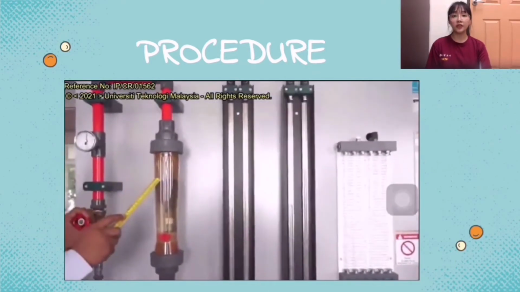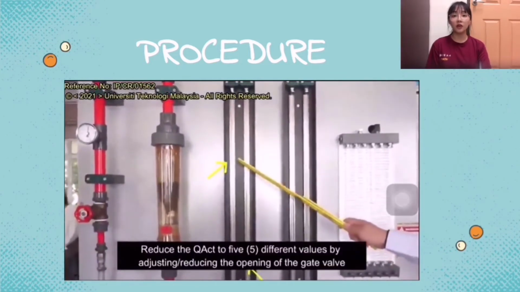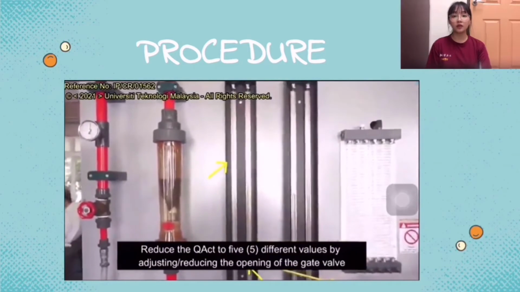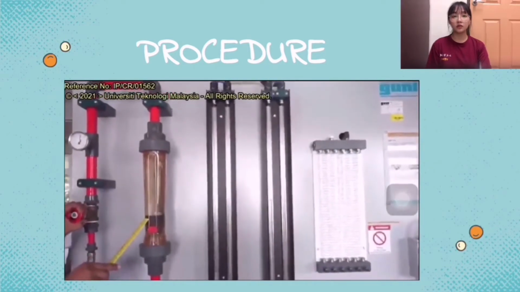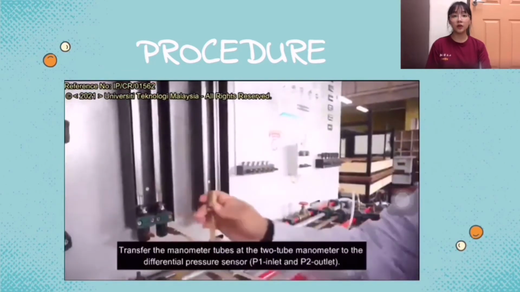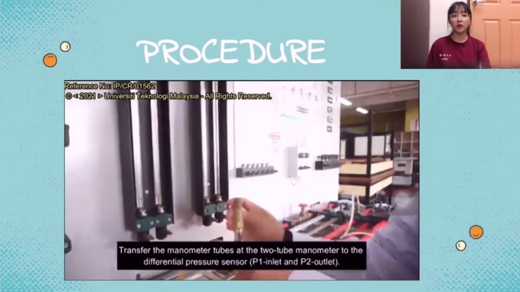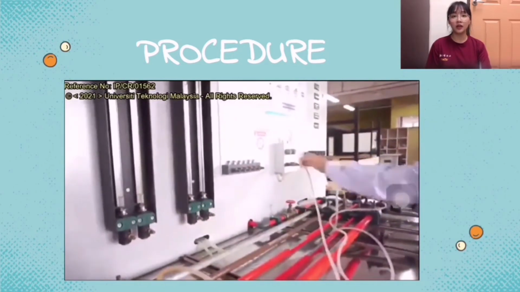Reduce the reading of the rotameter to 5 different values by adjusting the opening of the gate valve. Transfer the manometer tubes at the 2 tube manometer to the differential pressure sensor, P1 for inlet and P2 for outlet.